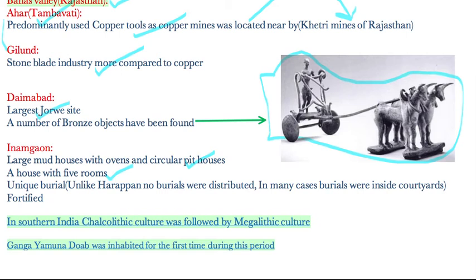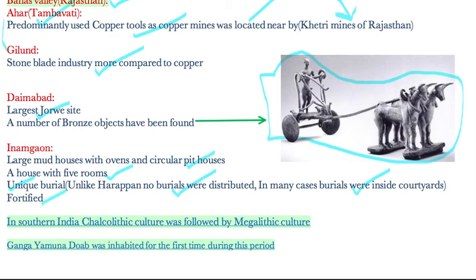And then they also followed some unique burial practices. Unlike the Harappans, burials were not concentrated in one place here. There was no particular site where all burials were made. In many cases, burials were inside the courtyard of the house, and the village was fortified.